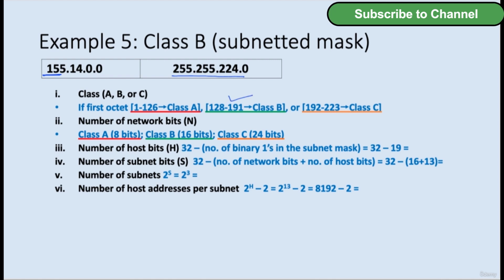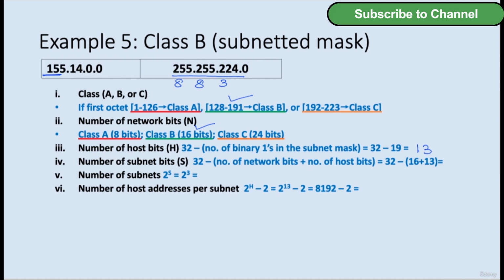So class B tick mark, and the number of network bits in class B is always 16. Then the number of host bits is 32 minus the number of binary ones in the subnet mask. This 255 represents 8 bits, this 255 represents 8 bits, this 224 represents 3 bits. Host bits will be 32 minus 19, that is 13. And then the number of subnet bits is 32 minus the sum of network bits and host bits.